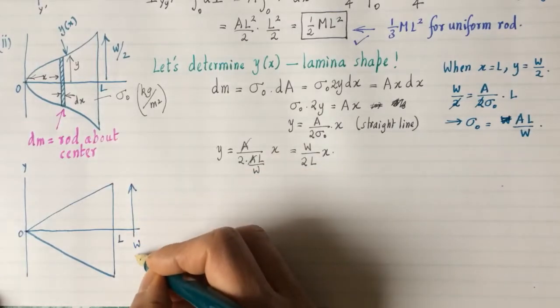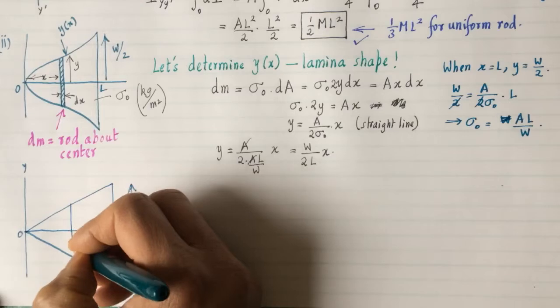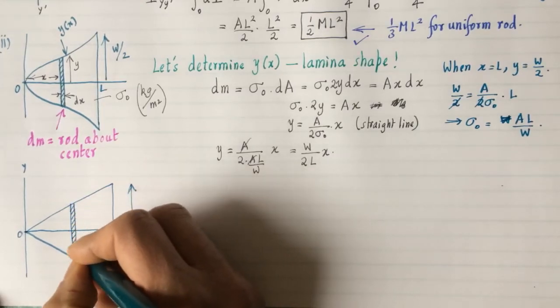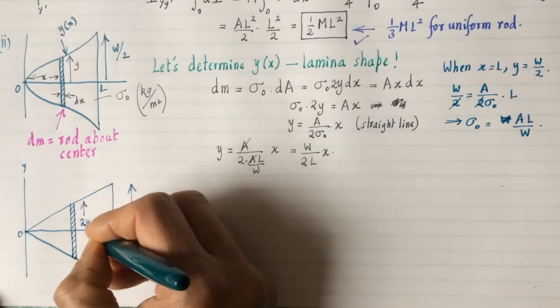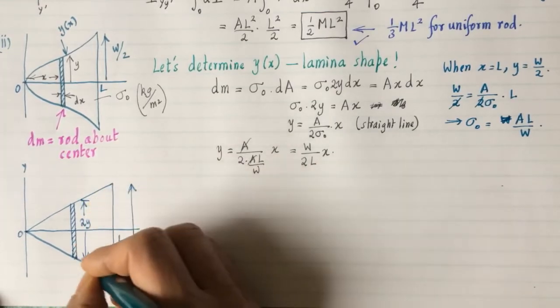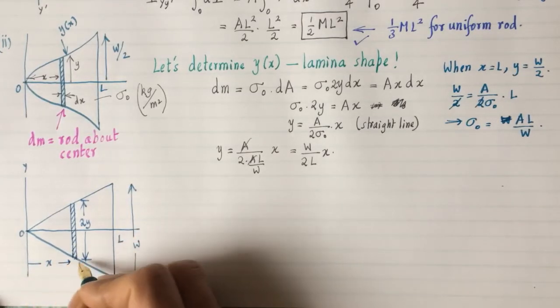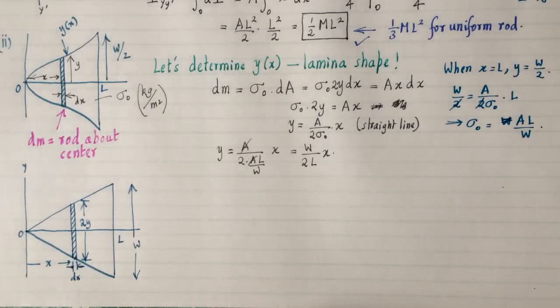That width is W. And now I'll draw the element also. The element is this rod element of height 2y. X is the distance of the element from the y-axis, and dx is the width.